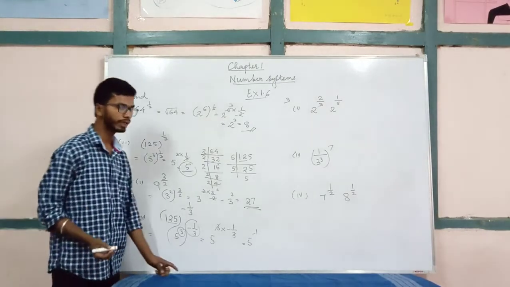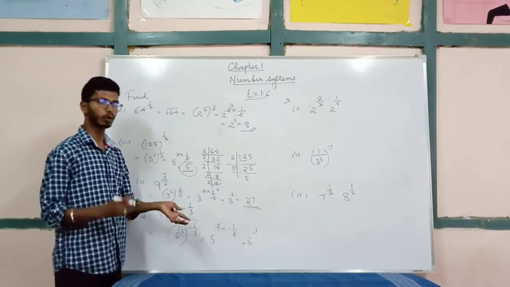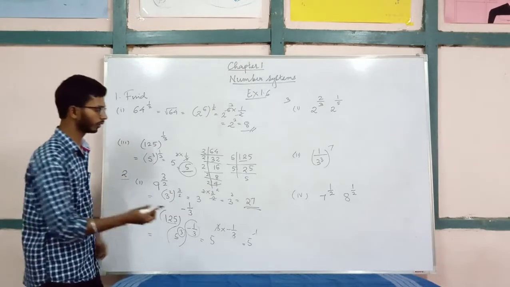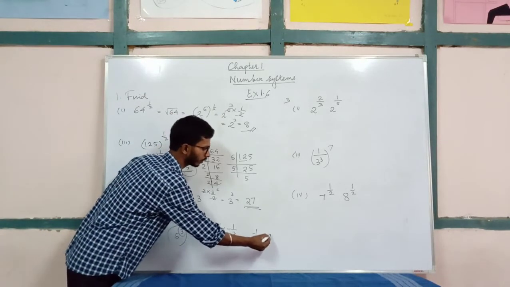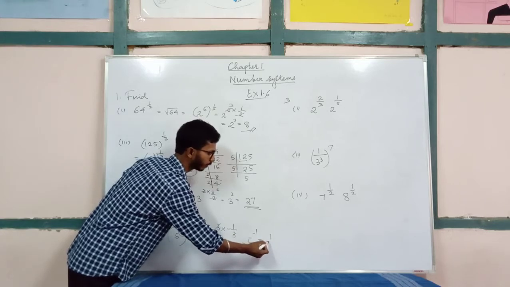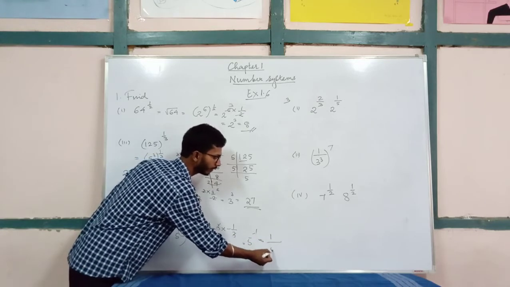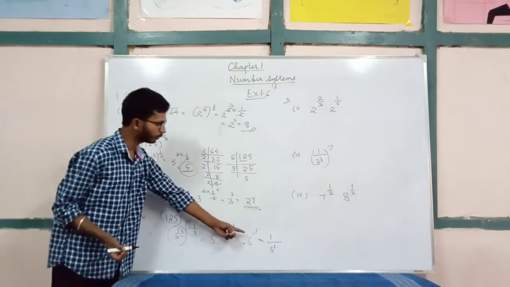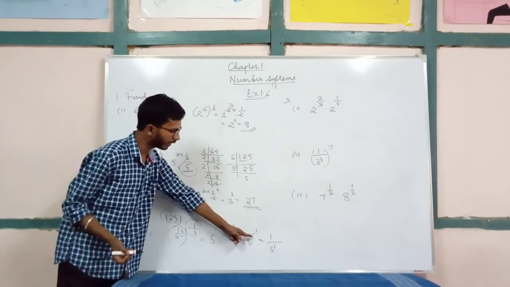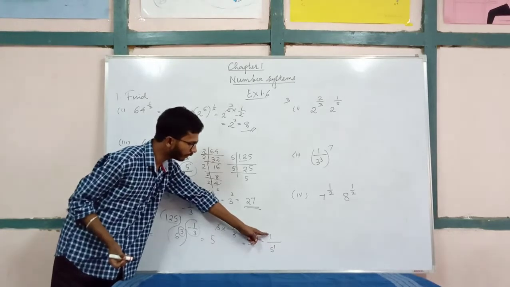Whenever we have a negative exponent, how can we change it to positive? We have to take the reciprocal. So 1 by 5 to the power 1. This minus will change into plus when we take the reciprocal.